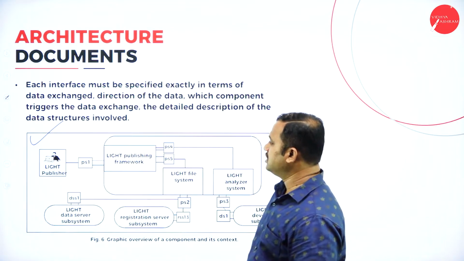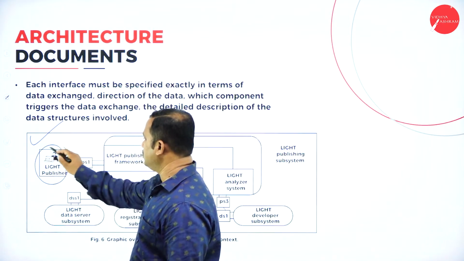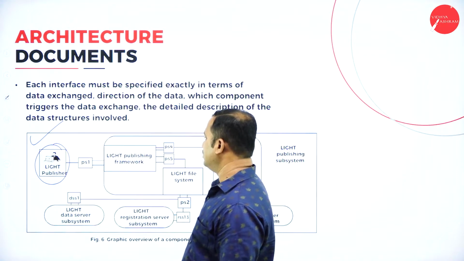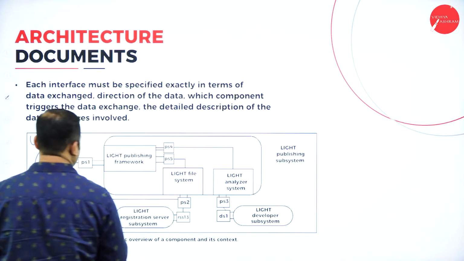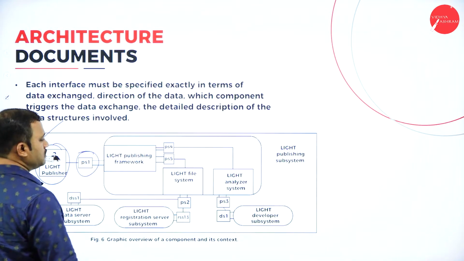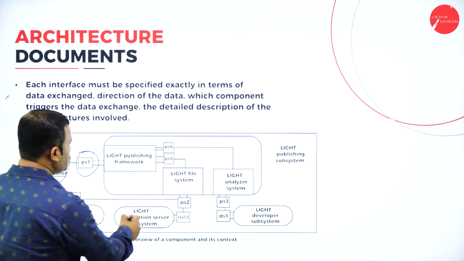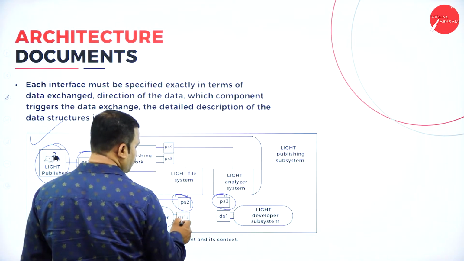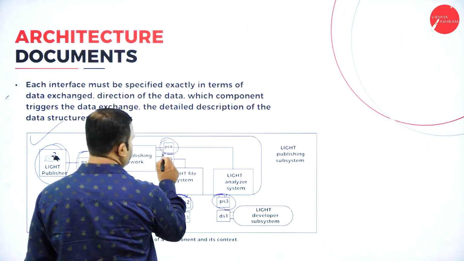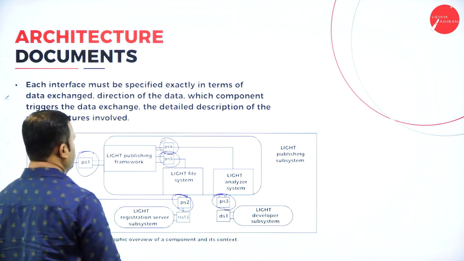If you look at this, the light publisher is the one which has the control to do all those things. So here PS1, PS2, Publisher 3, PS4, PS5, Publisher 5.